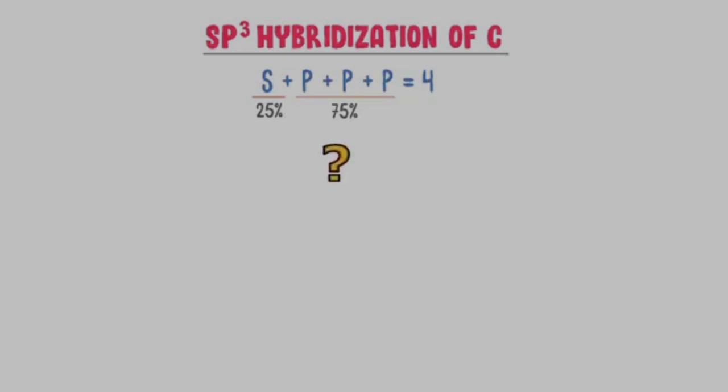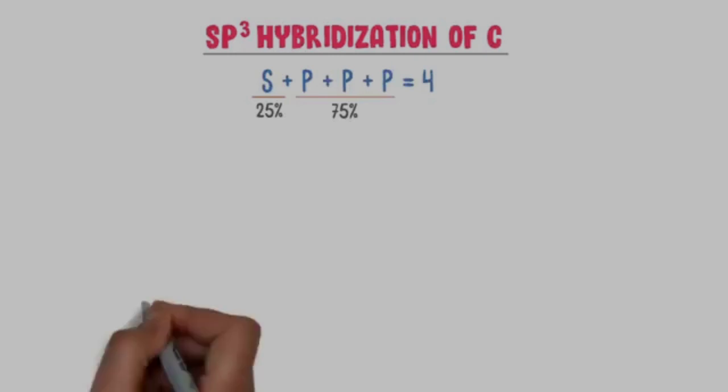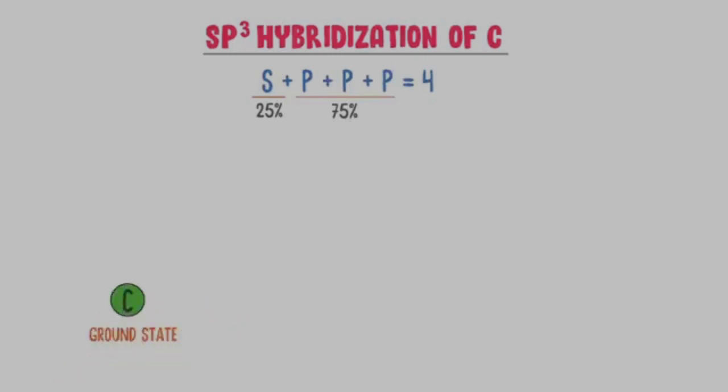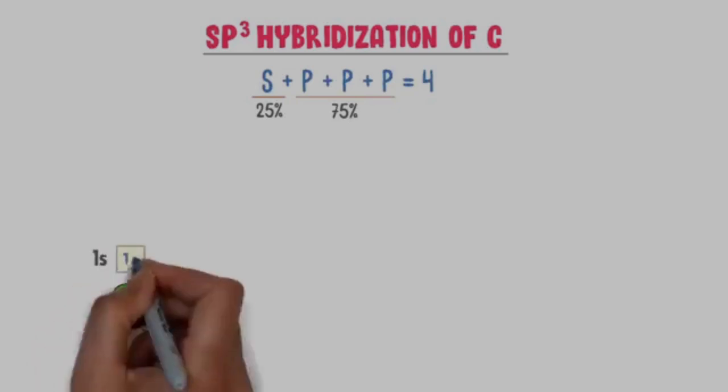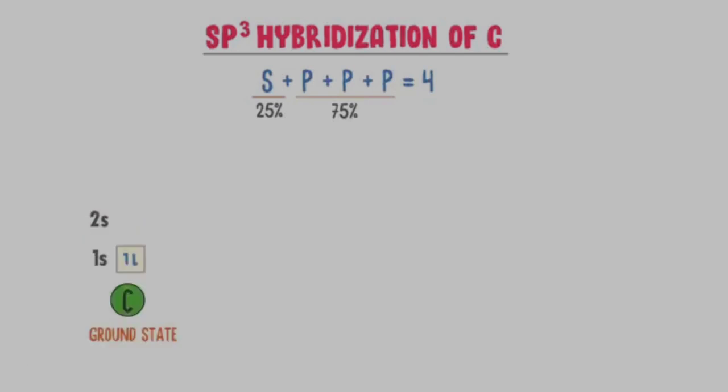Now how do 1s and 3p orbitals combine together to form sp3 hybridization? For example, consider a carbon atom in the ground state. We know that there are 6 electrons present in carbon atom. In 1s, there are 2 electrons and in 2s there are 2 electrons, while in 2p there is 1 electron in the x orbital and 1 electron in the y orbital.